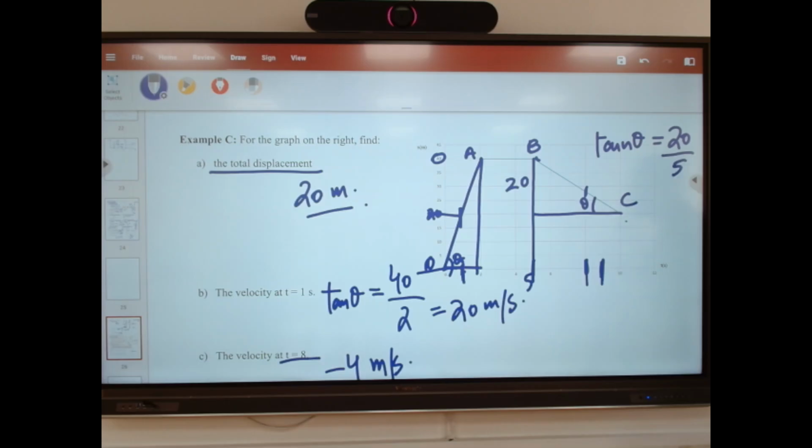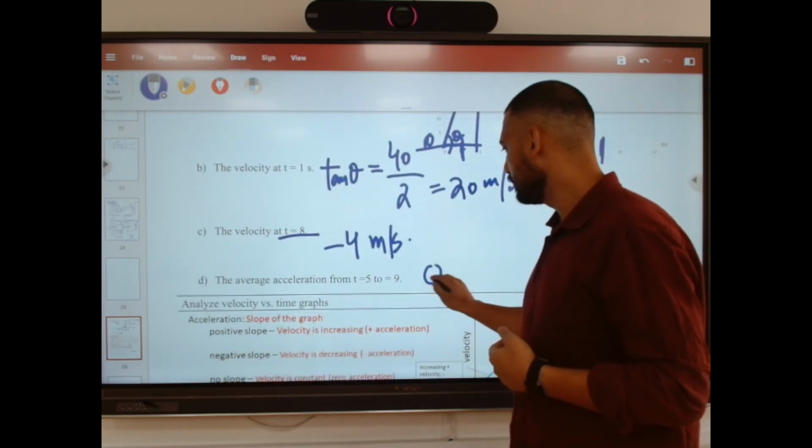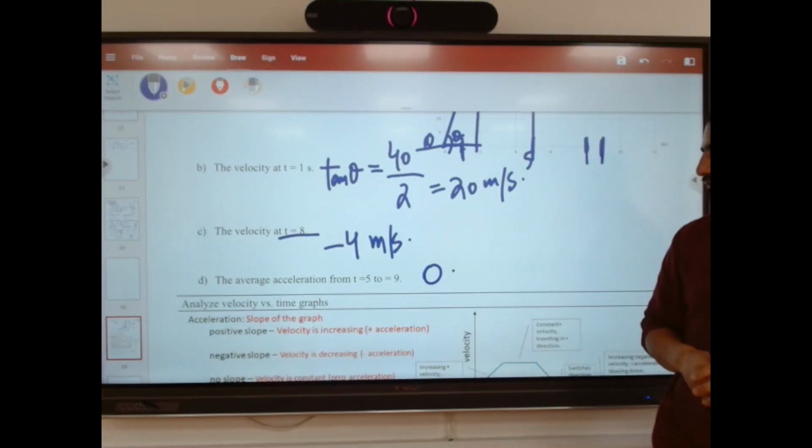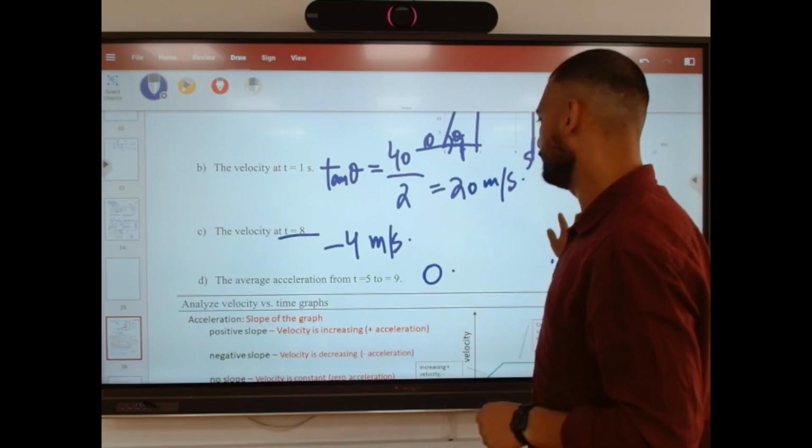Define acceleration. Change in velocity. Is there any change? No. Khalas, 0. Why do you get confused? So acceleration is 0. Is it clear? Is there any doubt? Okay.